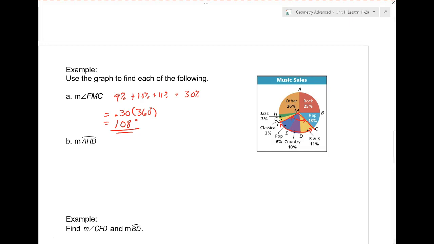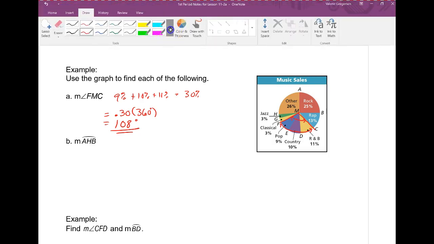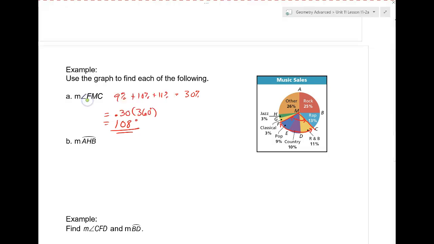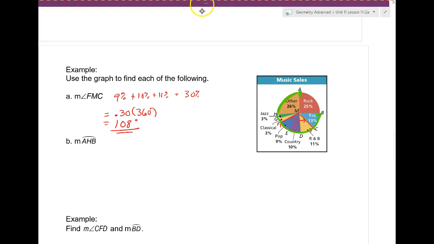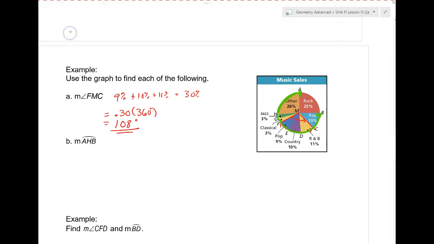All right. Now, I'm looking for the measure of the next one. Let's see if we can do it. I'm going to use a different color here. Angle arc AHB. So I want to go from the green one here. Guys, what's the easiest way of solving for this one?